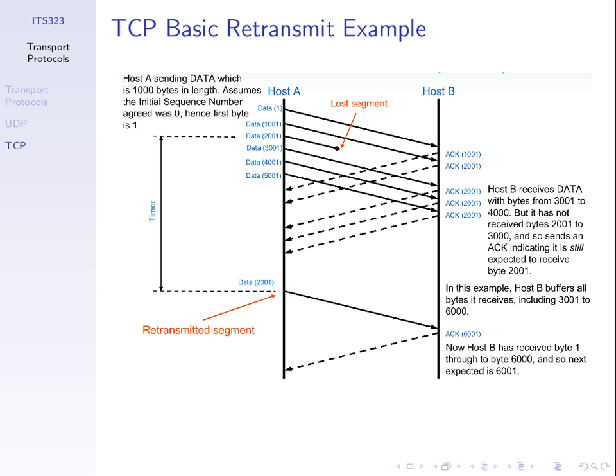Therefore, when we receive an ACK number 1001, it means those bytes from 1 up to 1000 have been successfully delivered. So everything's okay. That happened before our timer expired.